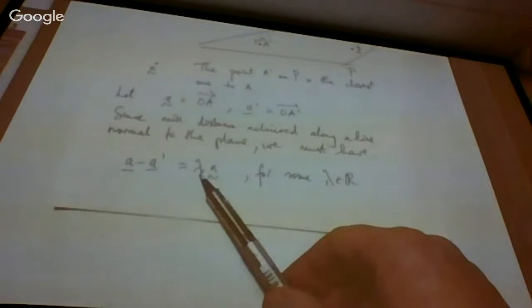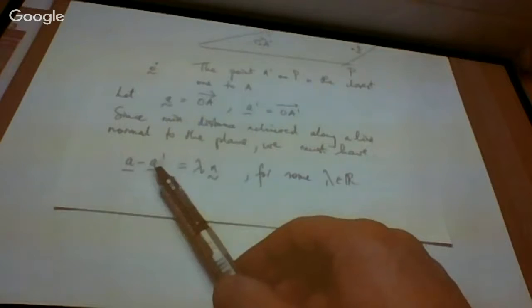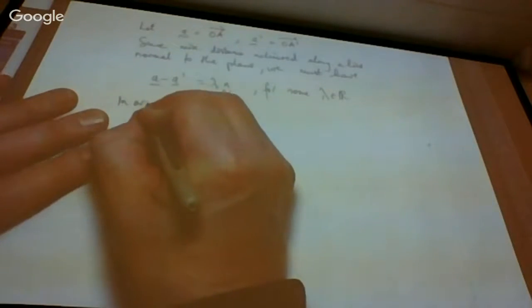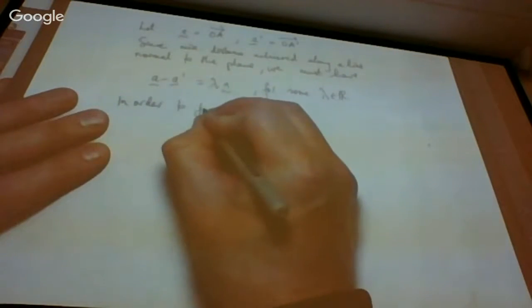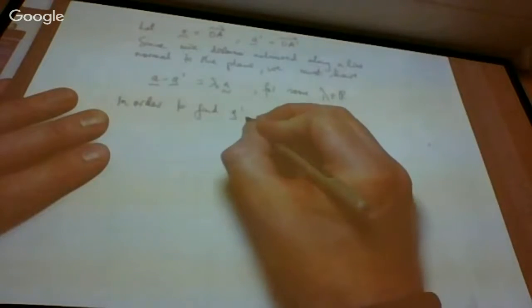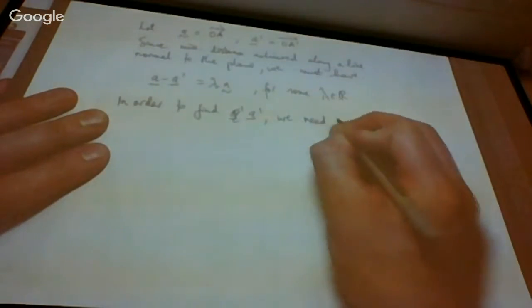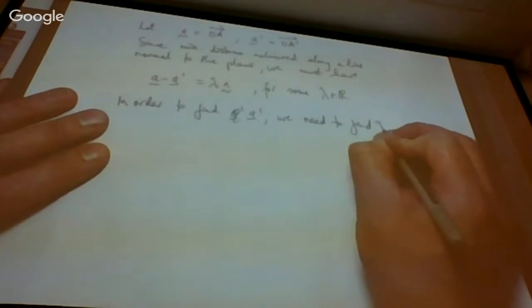But if we can obtain lambda, we know n, we know little a, then we'll know A prime. So in order to find A prime, we need to find lambda. So how do we find lambda?